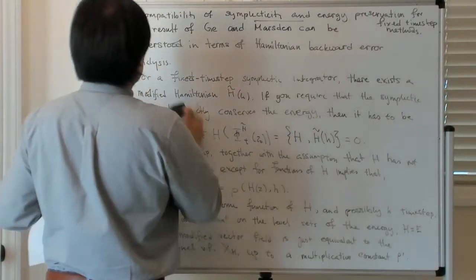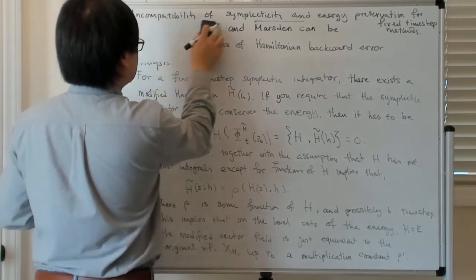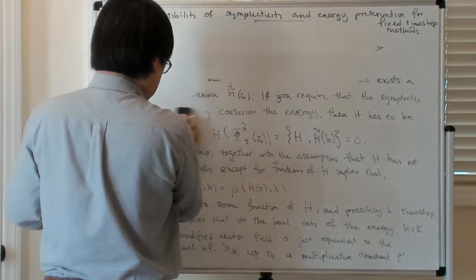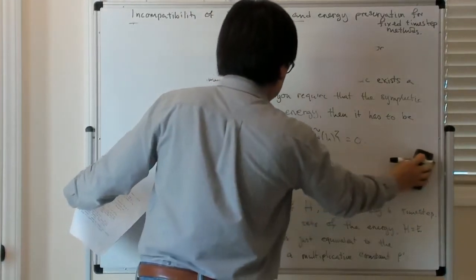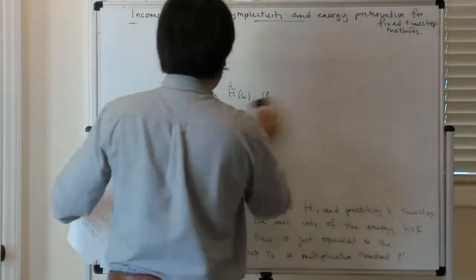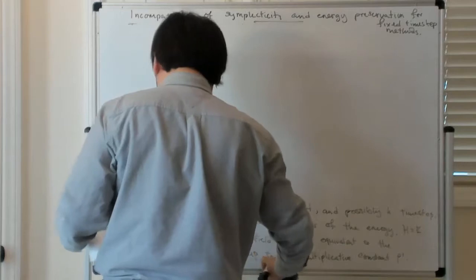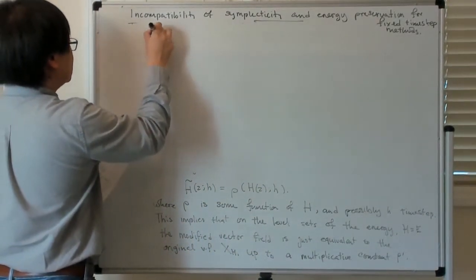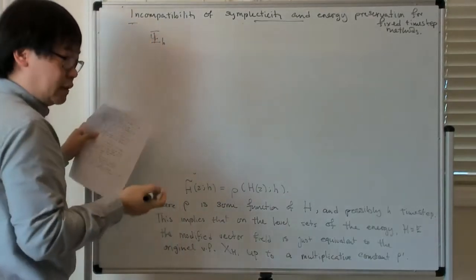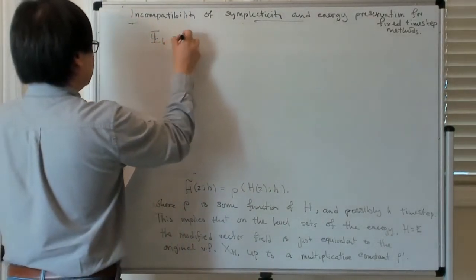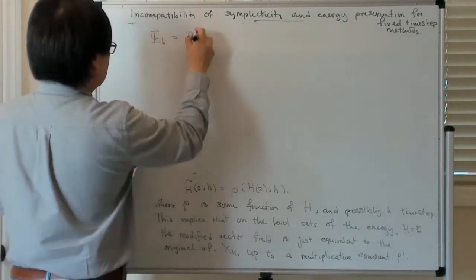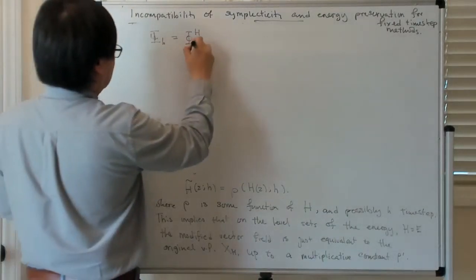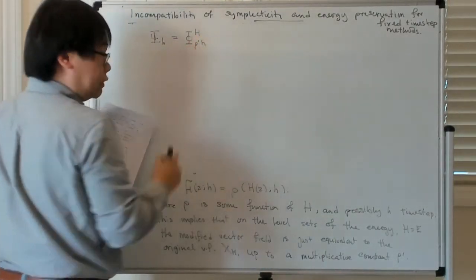Okay, so what does that mean? This is telling you that the numerical method, the symplectic integrator, is the exact flow map of the original Hamiltonian, but for some rescaling of the time, if you will.